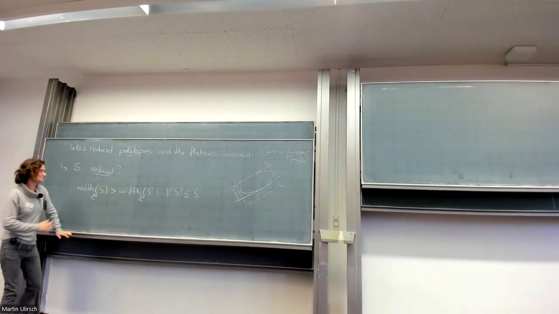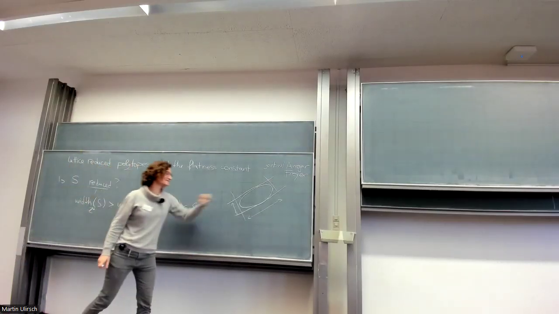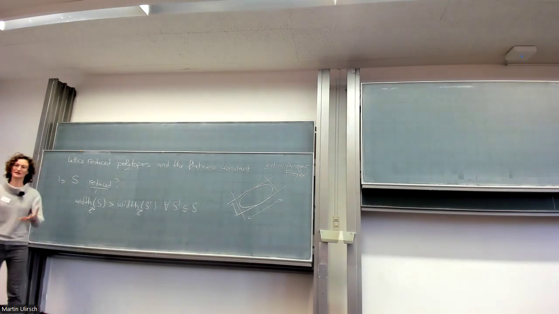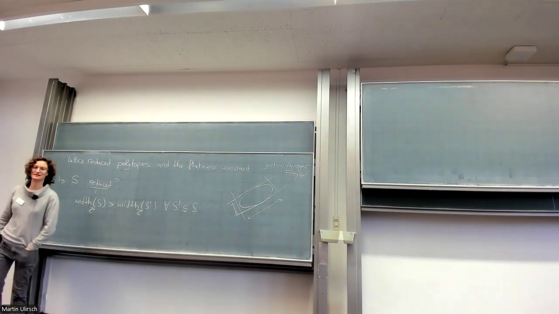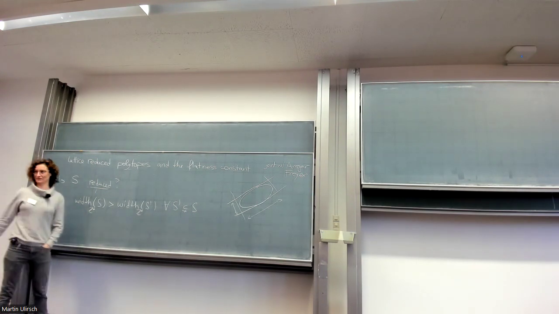So moving from the Euclidean context to a discrete setting where we put the lattice, the integer points, into the world, and we calculate the width differently.